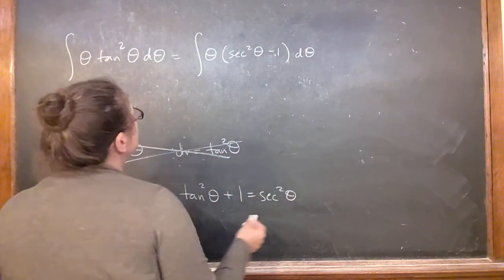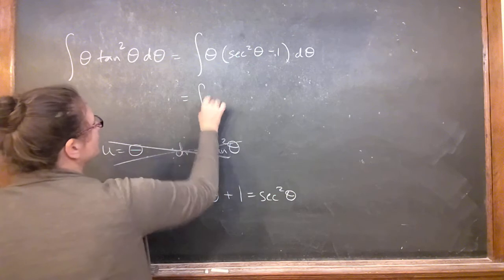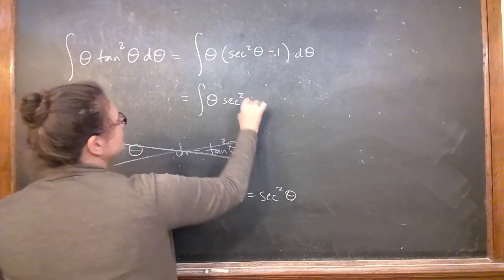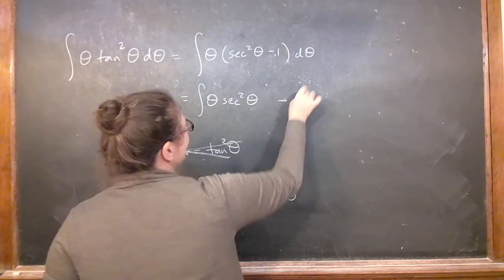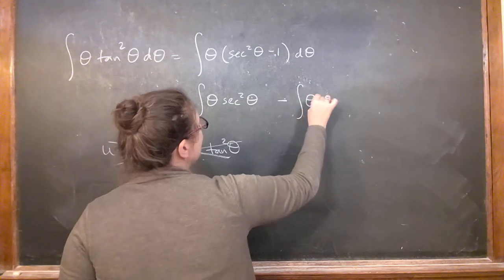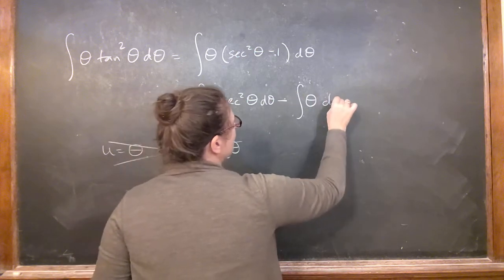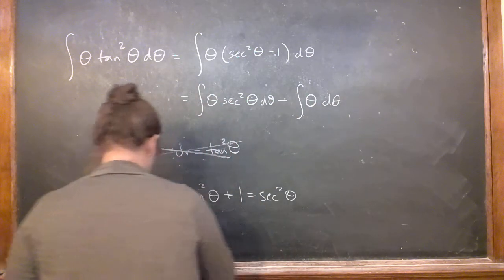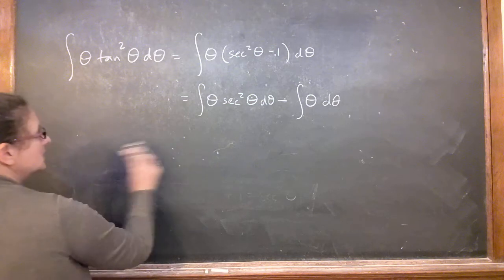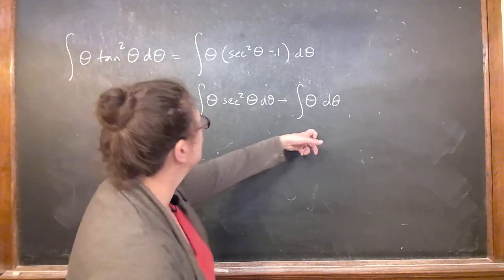So what if I do theta, and here I'm going to call this secant squared minus 1, right? So now I end up with two integrals, theta secant squared theta minus theta, right? So this is d theta and this is d theta. So this one's easy.